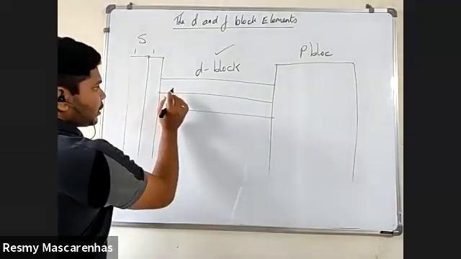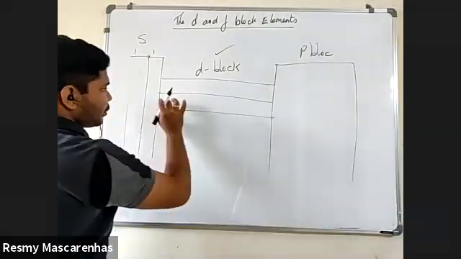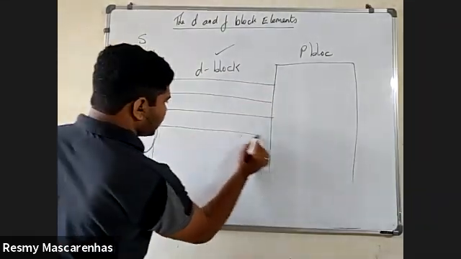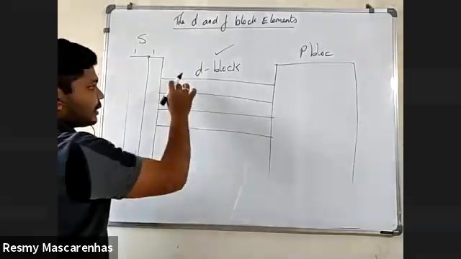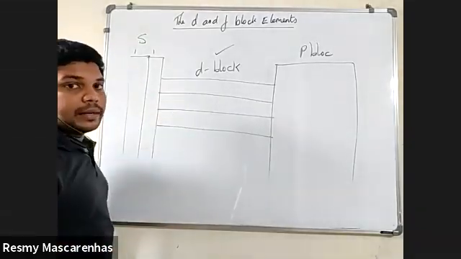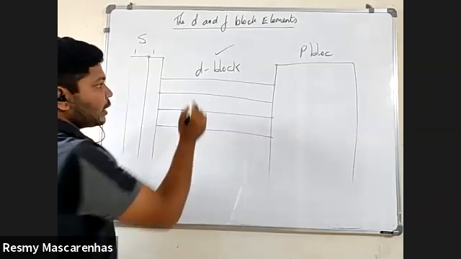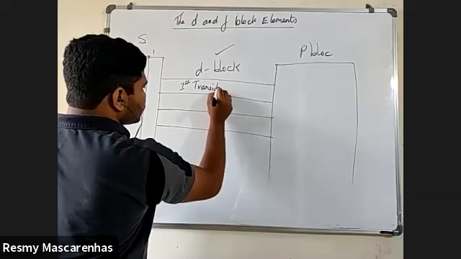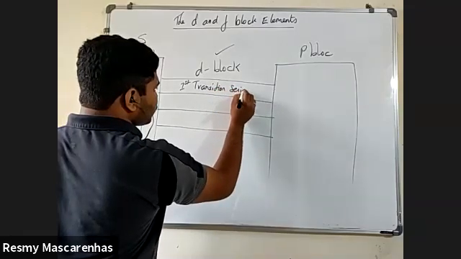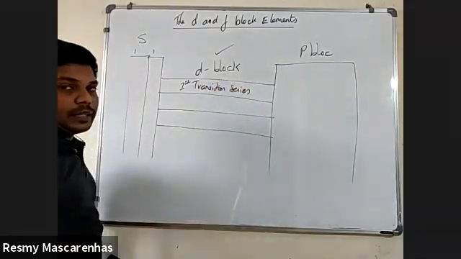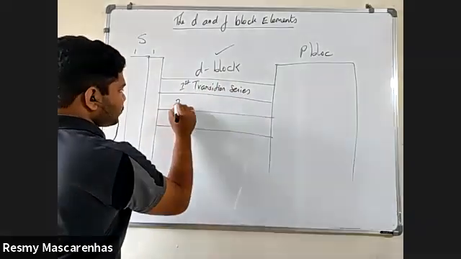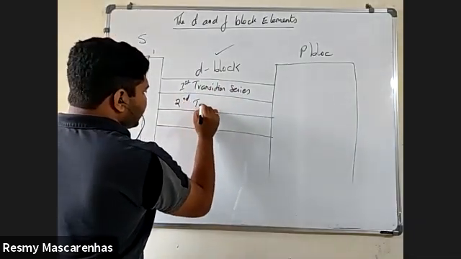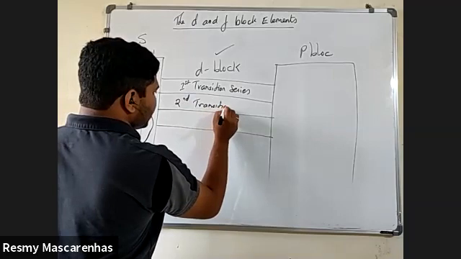Now in this, what are the things that are there? This is one row, this is one row, this is another row. So total 3 rows will be there in the d orbital. This first row in the d orbital is called the first transition series. Second transition series, this is the second one.